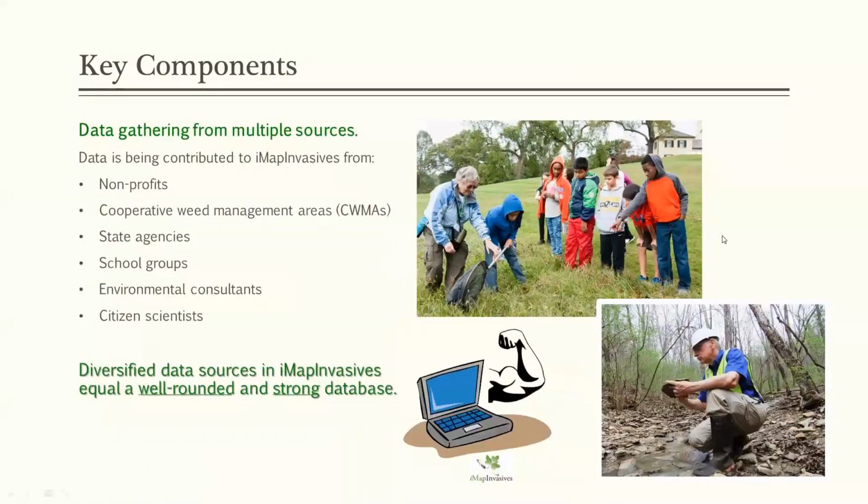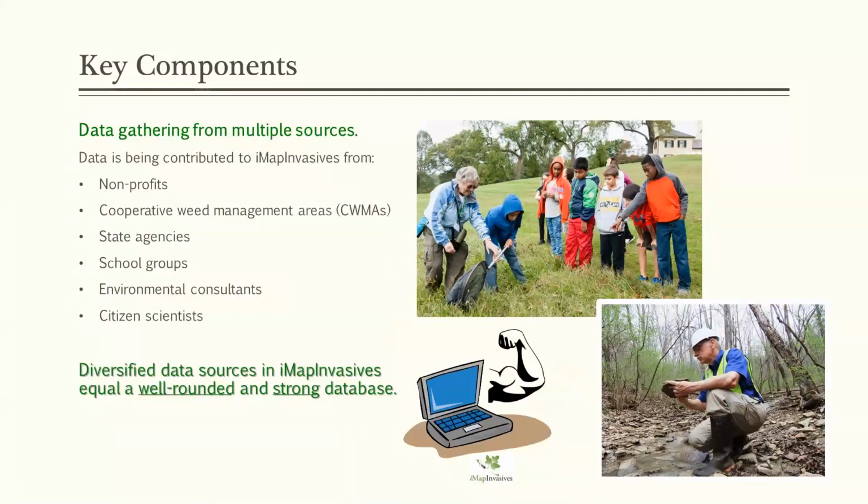And then another really important feature of the database is that we are incorporating data from multiple sources. It's not just coming from a particular agency, or multiple state agencies, or just nonprofits. It's really coming from all sorts of places.